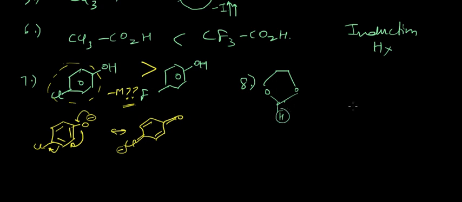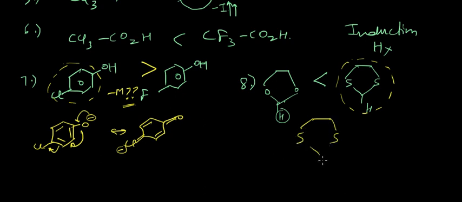This hydrogen and this hydrogen. What is the order of acidic strength? This is greater than this. Why? Because if you look into it deeply, you can easily identify that the negative charge on this conjugate base will have d orbital resonance on sulfur.